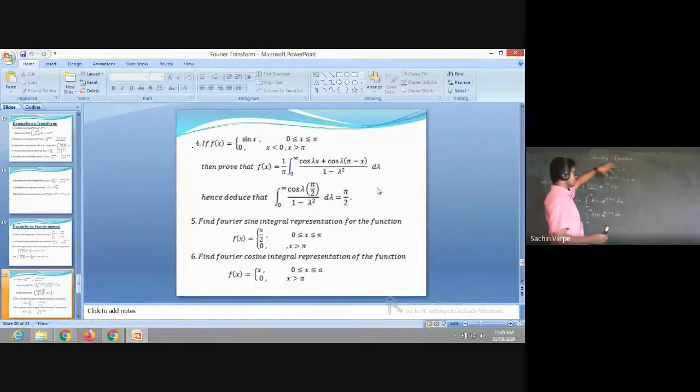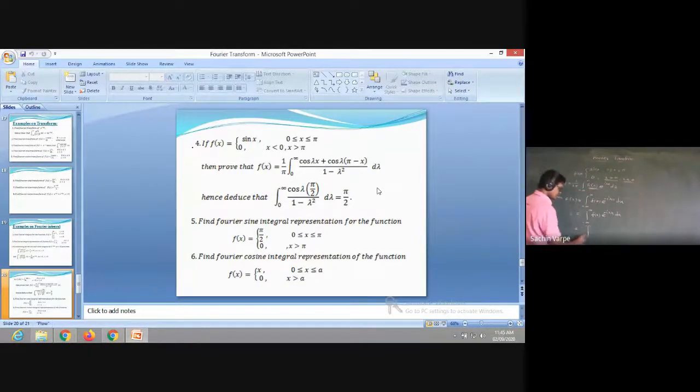If you are not getting what I mean, then please ask me. I can explain in detail. Already I have explained how to write these inequalities. X is greater than pi means pi to infinity, and x is less than 0 means 0 to minus infinity or minus infinity to 0. So let us break this interval according to the function given.